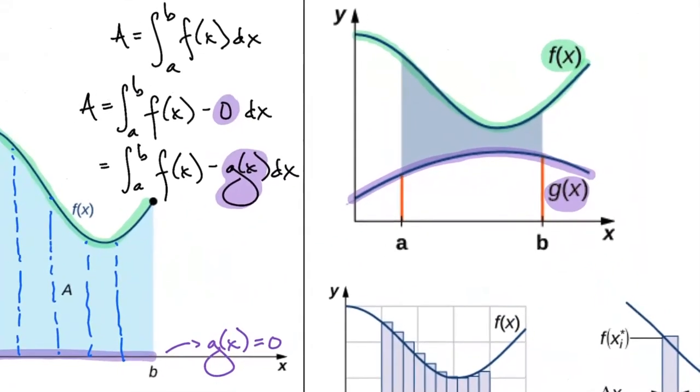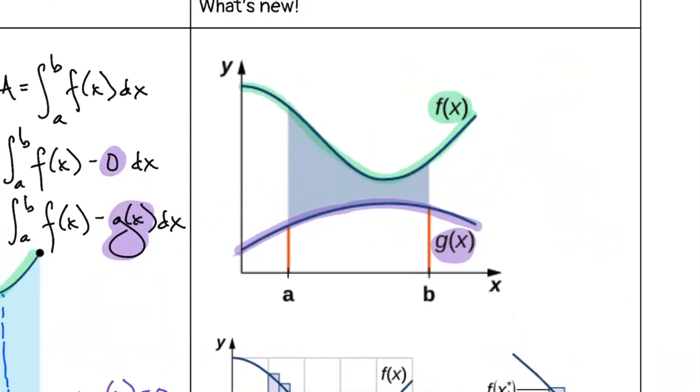So if we think about where we really started, f of x minus g of x, we can't just imagine that it's 0 and only have an f of x now. In fact, when we approach a question like this, where that second function is not the axis, we really want to say the integral from a to b of f of x minus g of x.